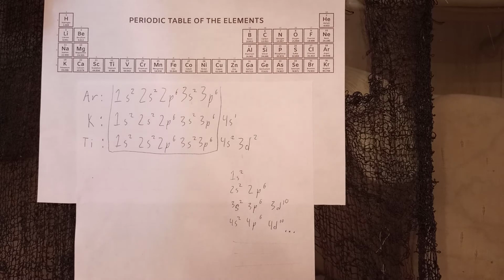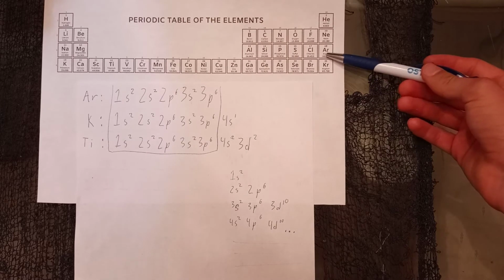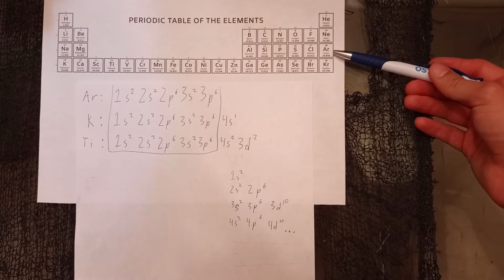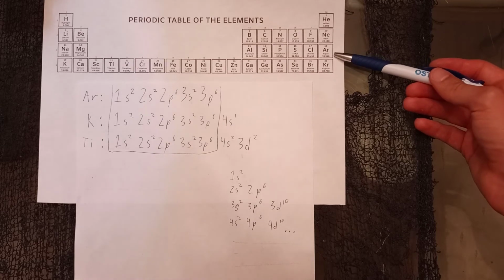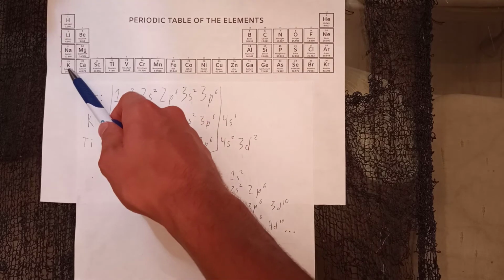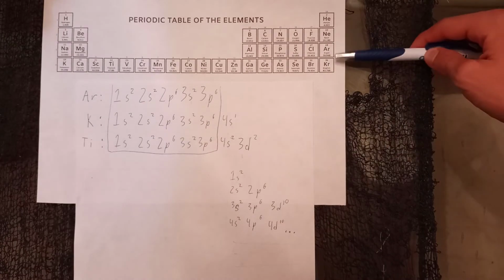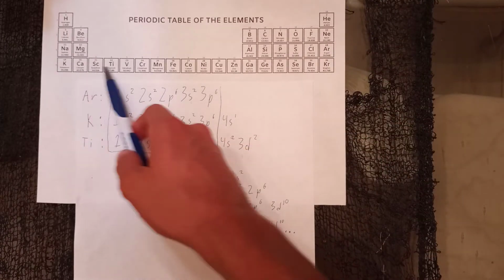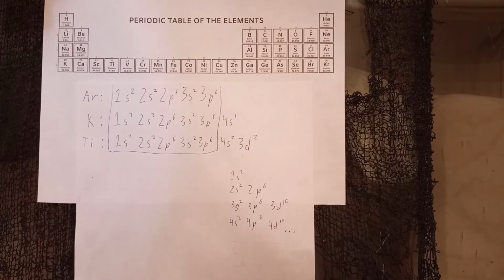What you do is, because a noble gas is at the end of a given shell, that's a good stopping point. You say, okay, everything that comes before that, and however far you are in the next shell that isn't complete.